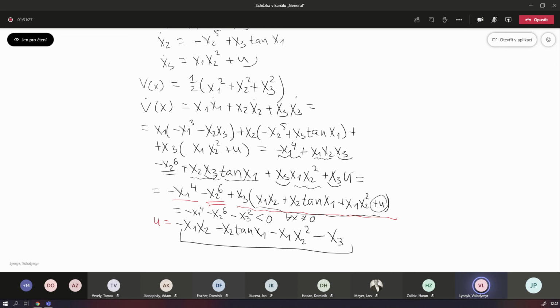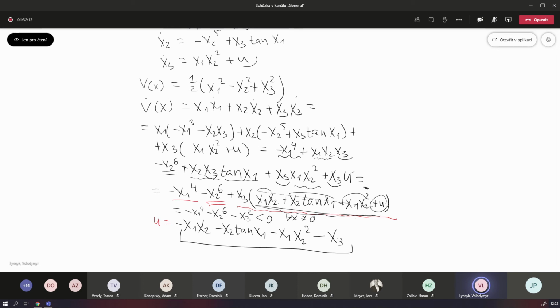Take all these terms with minus, and then put something, because here x3, and now it's no backstepping, only designing the feedback via the Lyapunov function, because we take a Lyapunov function, calculate the derivative, and then try to put something here.